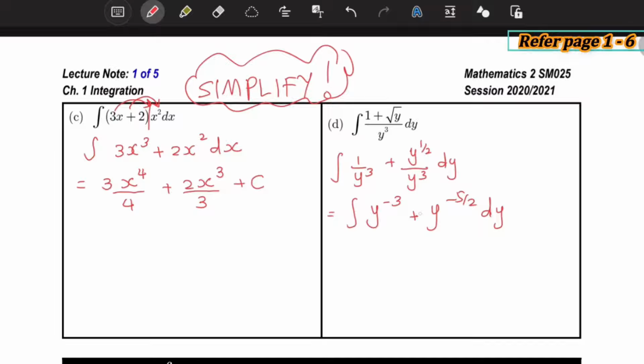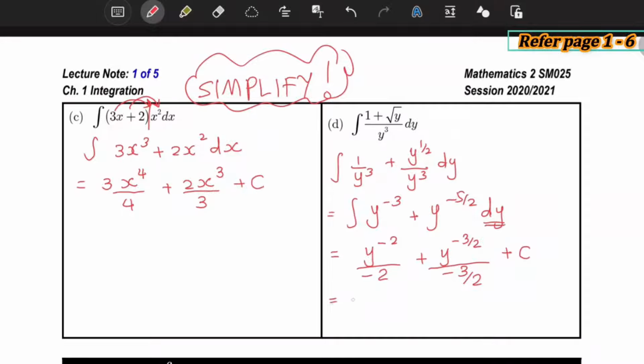So if the variable is y, we will integrate with respect to y. As usual, we integrate. So we have y, increase the power, so becomes negative 2, divide by new power negative 2, plus y, increase the power by 1, so we have negative 3 over 2, divide by negative 3 over 2, plus c.